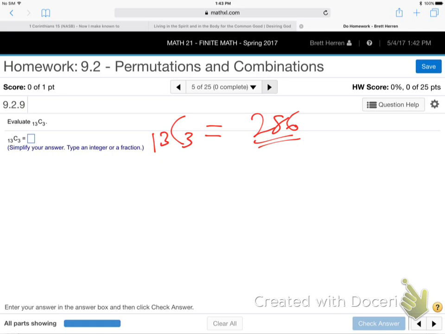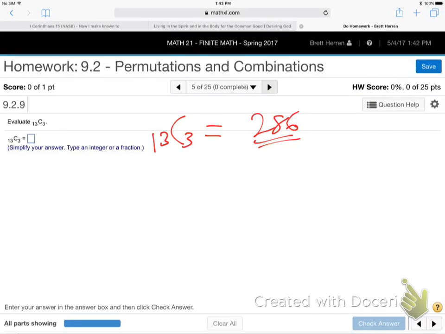Y'all able to get that? 286 with the 13C3. All right, because we're going to use these to do real life word problems right now. Is that coming out for you, Kevin? I got it, yeah. Good deal.